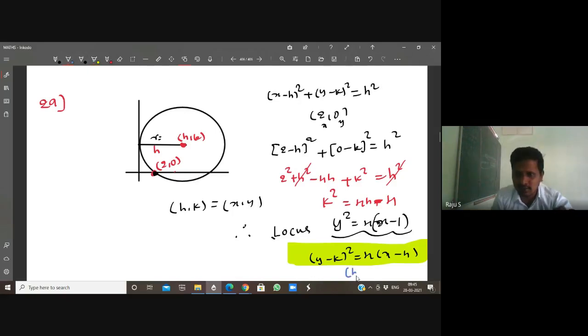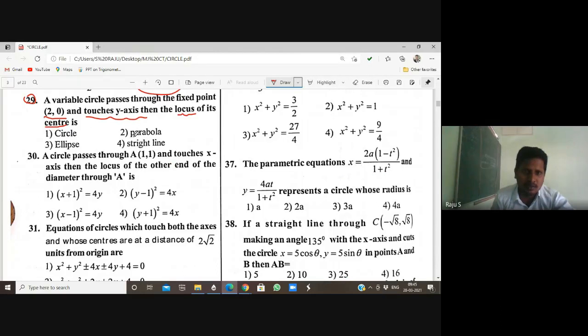Remember that this is the general equation of the parabola whose vertex is h comma k: y minus k the whole square is equal to 4 into x minus h. So this is in the form of y square written as y minus 0 the whole square equal to 4 into x minus 1. So clearly the locus is given by the parabola.